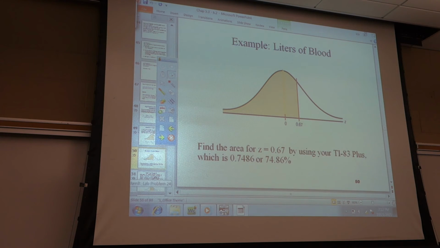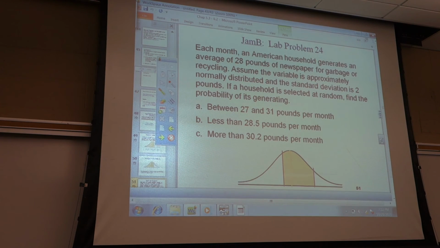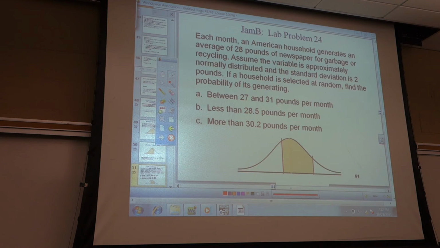Okay, so you folks, let's work on doing A. Everybody take 2 minutes and we'll work on doing A, and then we'll look at it together. Go back one slide.